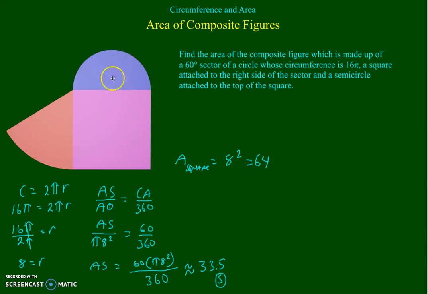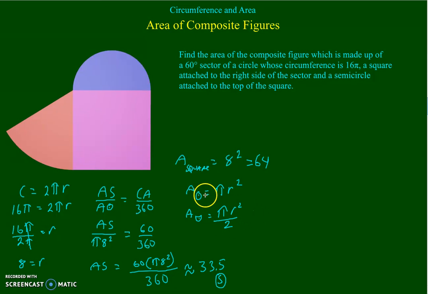Now, our semicircle, well, this is half a circle, and we know that the area of a circle is pi r squared, then we know that the area of this semicircle is pi r squared divided by 2. So the area of half the circle is pi r squared divided by 2.